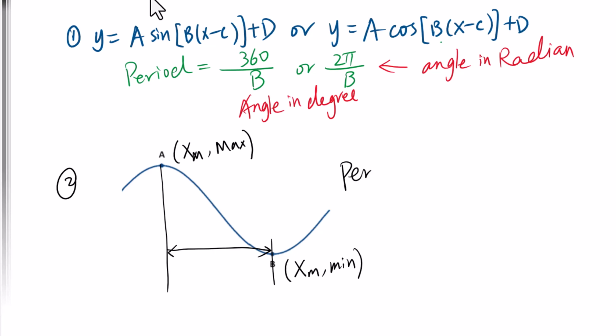Then the period equals 2 times the absolute value of the x coordinate at the maximum point minus the x coordinate at the minimum point. In other words, the period is double the horizontal distance between two consecutive maximum and minimum points.